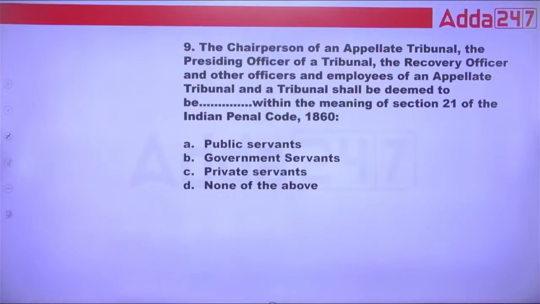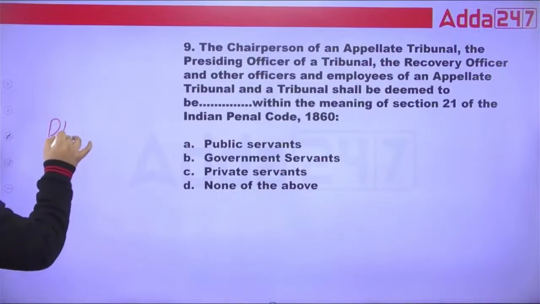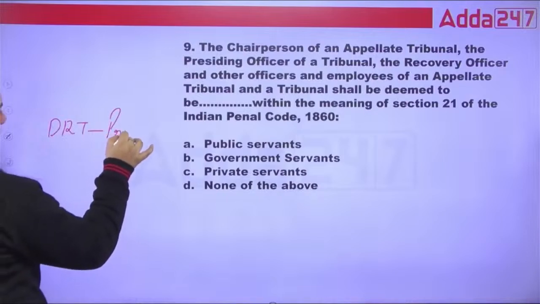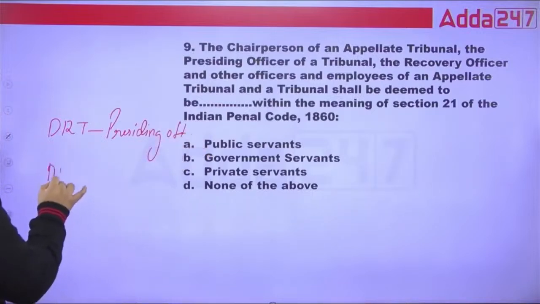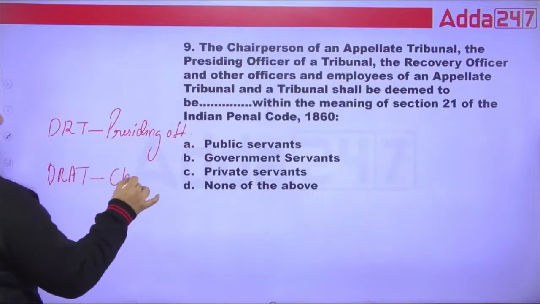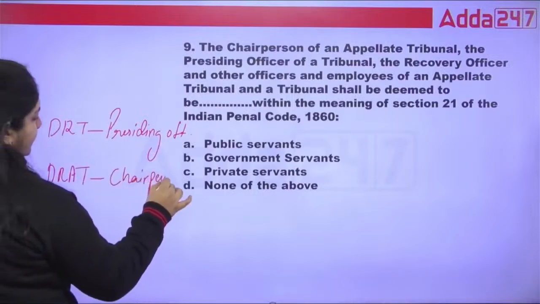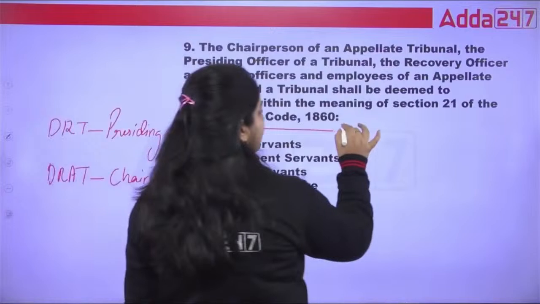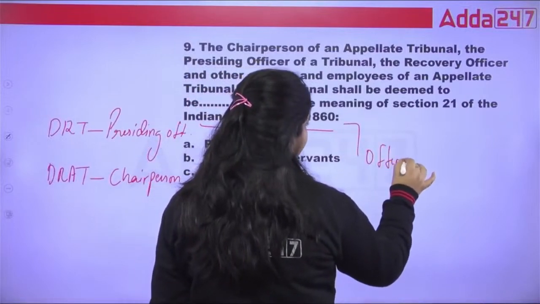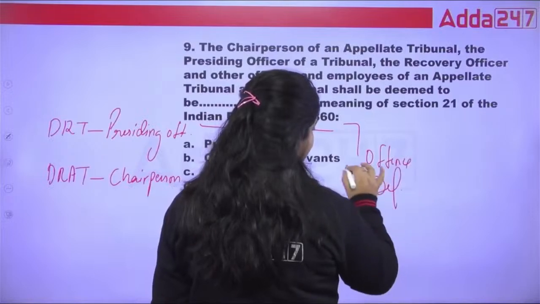The chairperson of the appellant tribunal, see class. We know that in DRT, the head is called the presiding officer, right? And in DRAT, the head is called the chairperson, right? Now, the chairperson of the appellant tribunal, the presiding officer of the tribunal, the recovery officer, or whatever, will be called as dash under Section 21 of the IPC. And what is IPC? IPC is basically an Act which defines the offense and its definition.